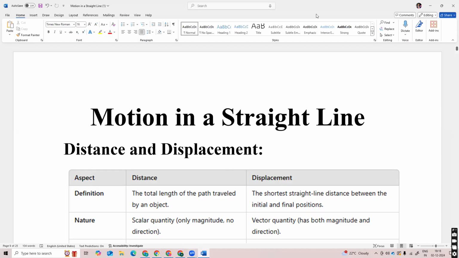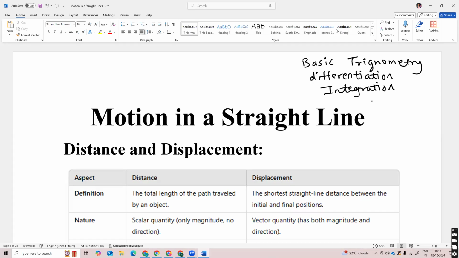So till now we have covered basic trigonometry, then we have covered basics of differentiation and integration.